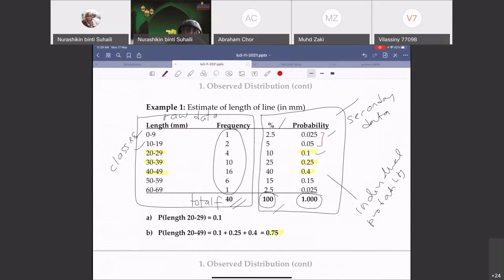If it is more than 10, it means it covers everything here, 10 and above, and of course until 69.